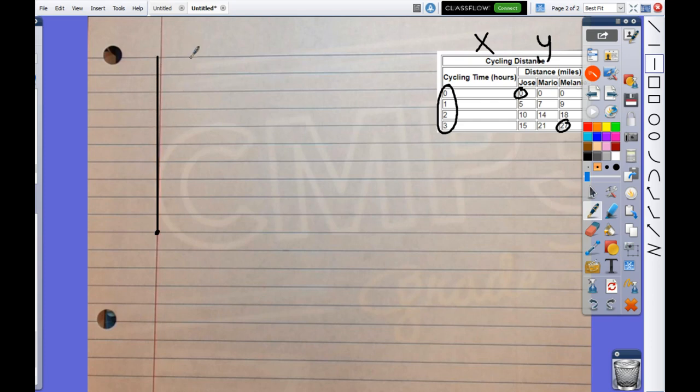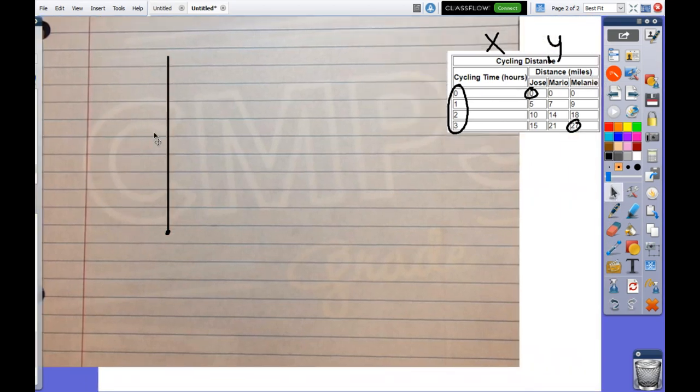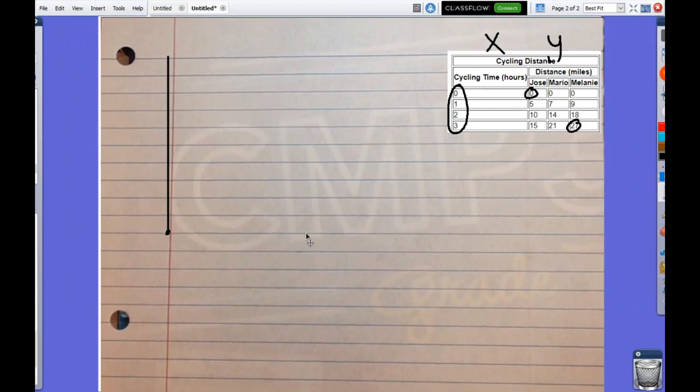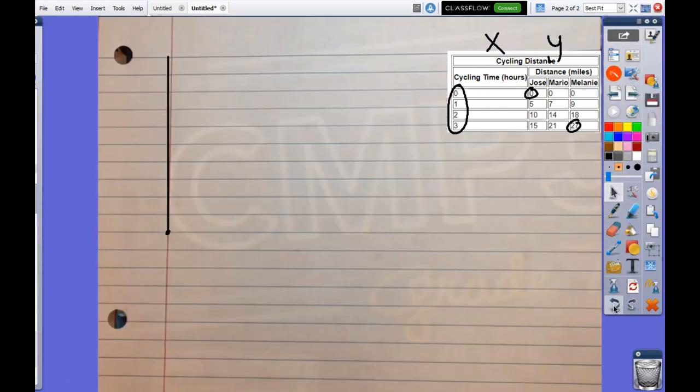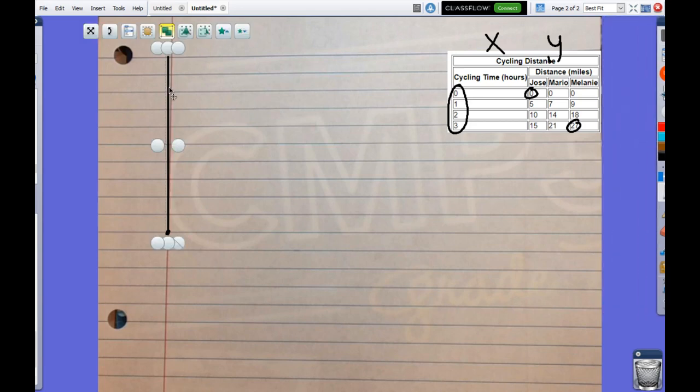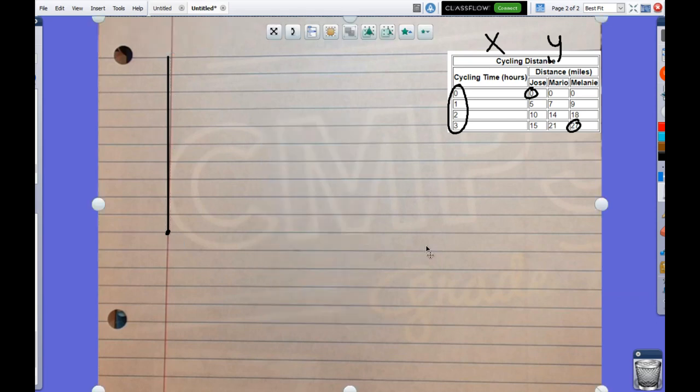Vertical line tool. It doesn't quite match up with the page just because of the way I took the snapshot. Sorry about that. Yeah, that's fine. I'm just going to go ahead and leave it there.